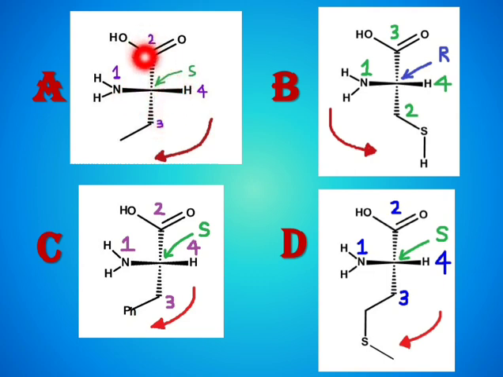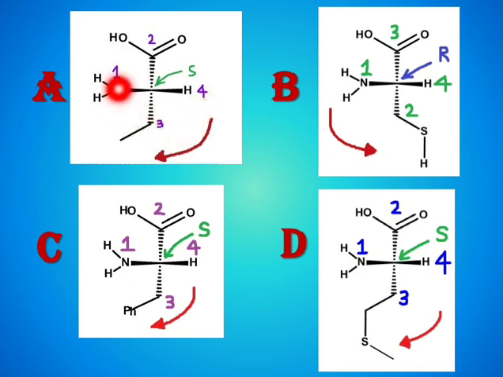I have given the second priority to this carbon as it is attached to two oxygens and another oxygen, and this carbon the third priority as it is attached to two hydrogens and one carbon. Since oxygen has the higher atomic number, I have given this the second priority and this the third priority, and the hydrogen gets the least priority.